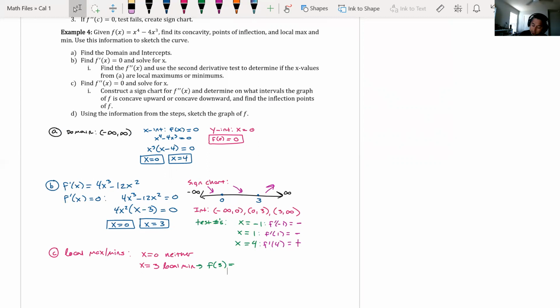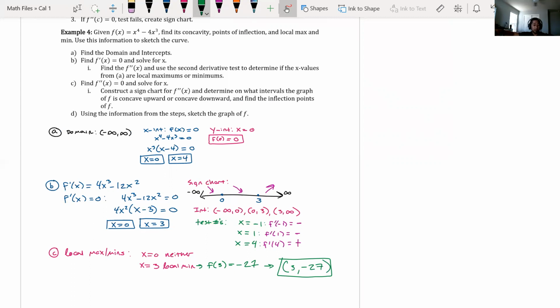I get negative 27. So here's where our local minimum is. So the first part's done. That's everything we've been doing today.